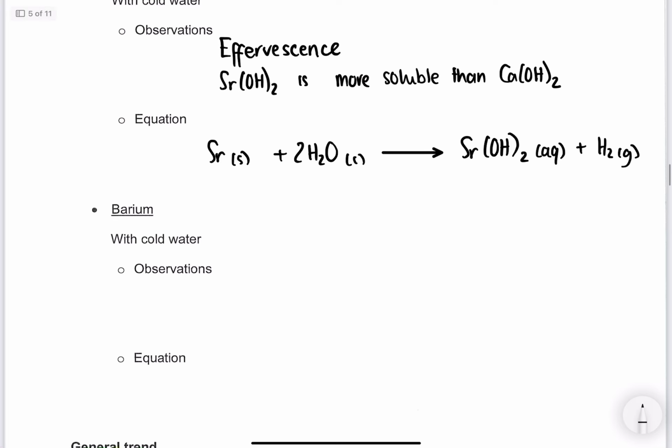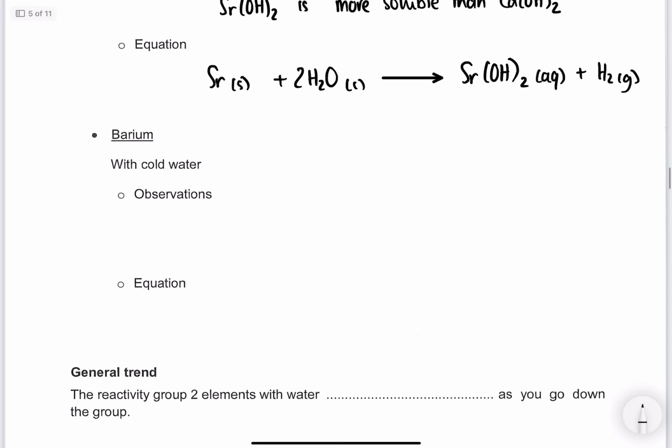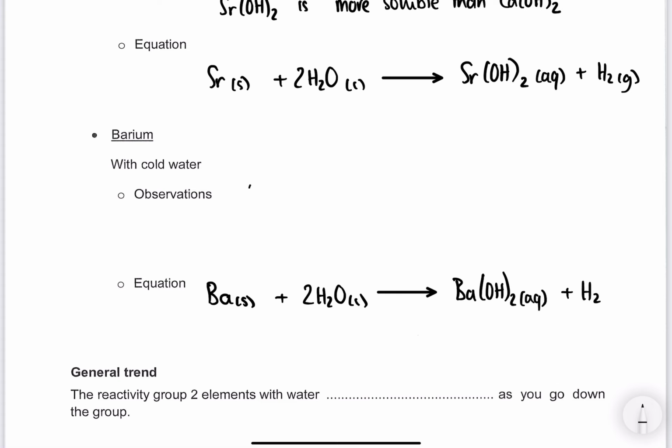And then our last one, barium. Again, we can do the equation first. Barium plus water goes to barium hydroxide and hydrogen. And again, we'll see effervescence and the barium metal disappears.